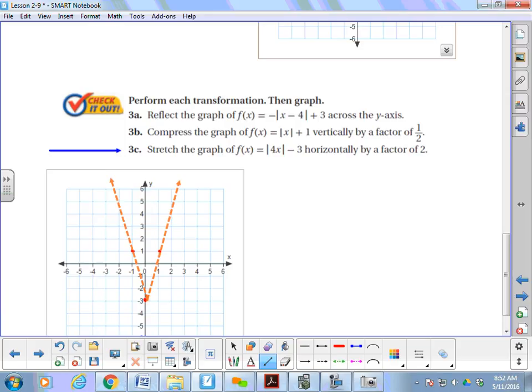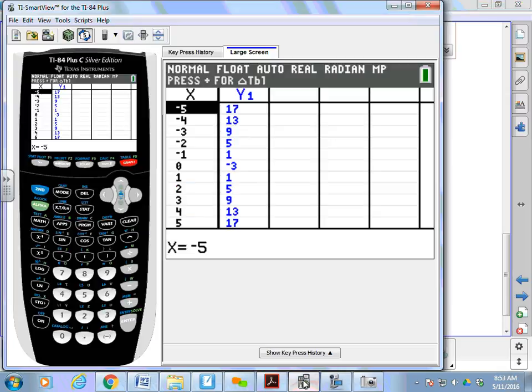Okay, so we're going to stretch the graph horizontally by a factor of 2. That means all the x values are going to do what? They're going to double. So where am I going to go to do that? I got 2 places. I could go back and look at my calculator. Or, how many points do I need to draw this graph?